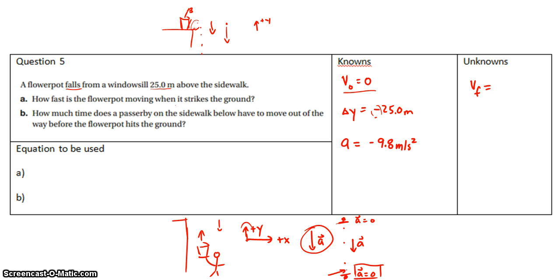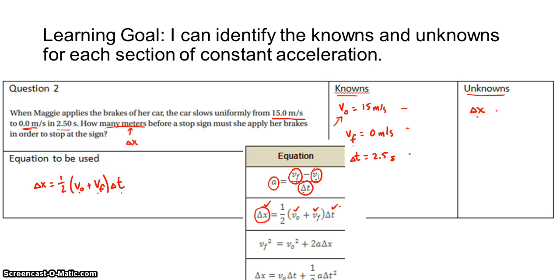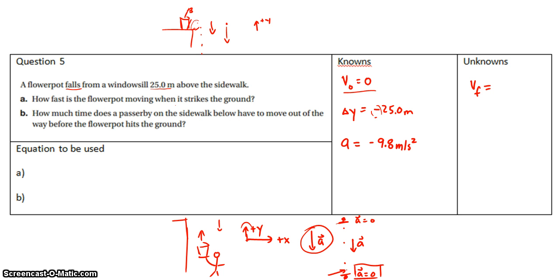So which equation are we going to use? Let's look at this. V initial, V final, y, and acceleration. The equation has x, but now we're looking in the y direction, so we can write delta y instead of delta x. And the time?